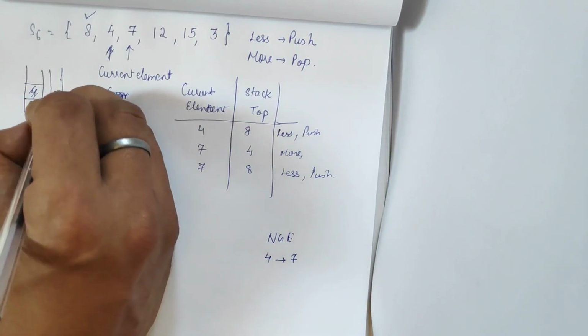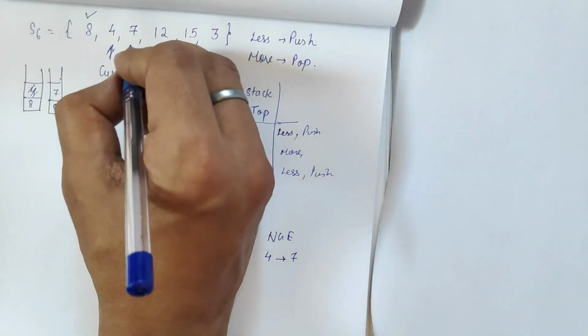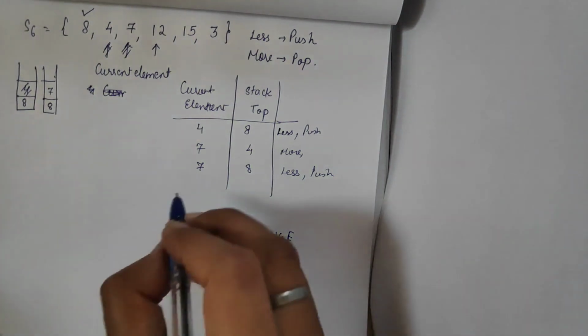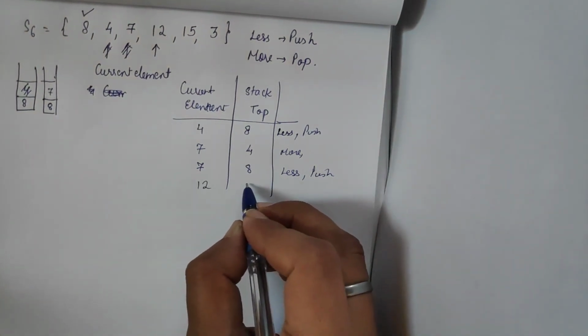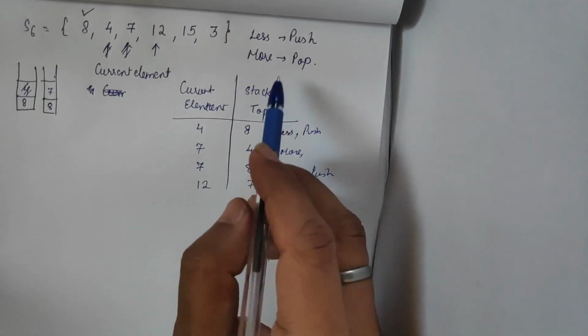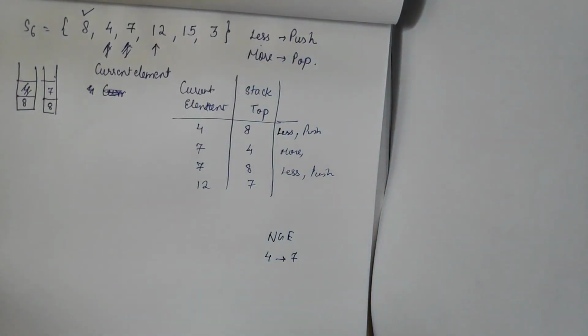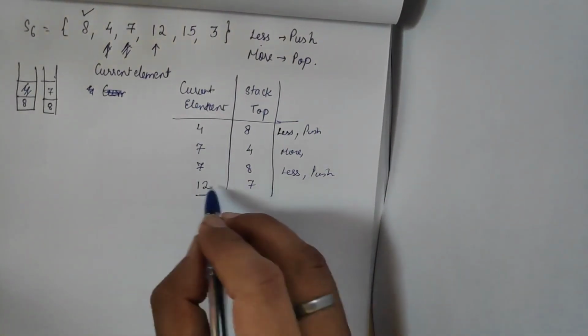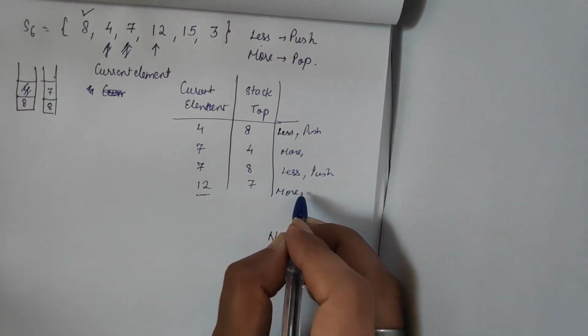So what happens now? I will push 7 on the stack. Then current element will become 12, right? So current element is 12, stack top is 7, right? So the current element is more.